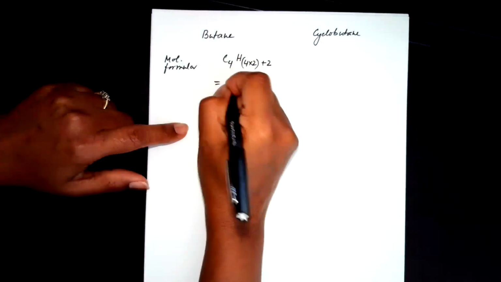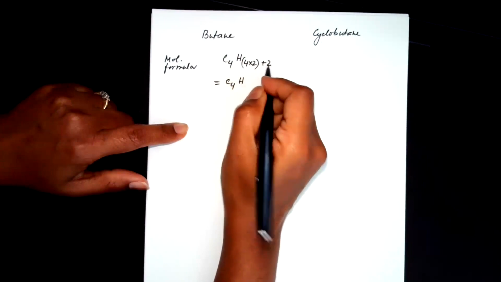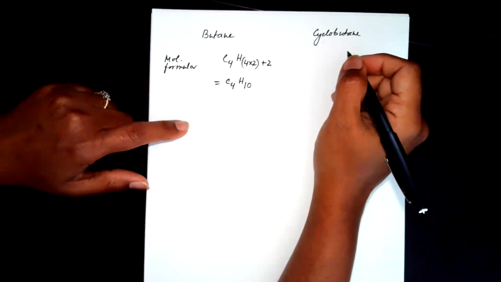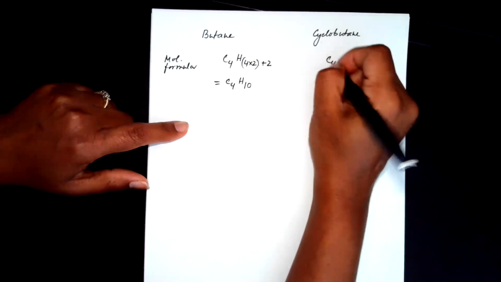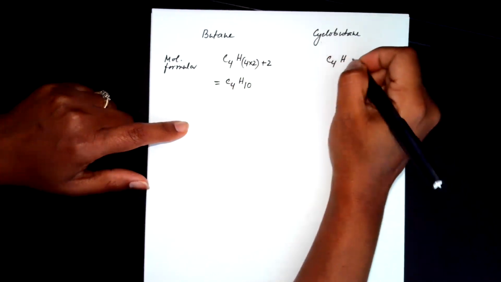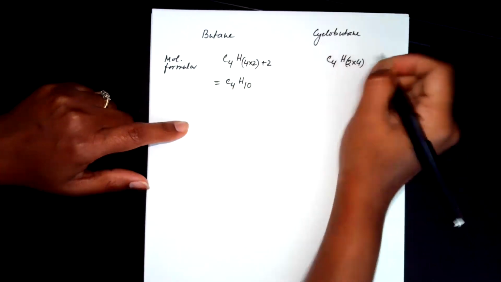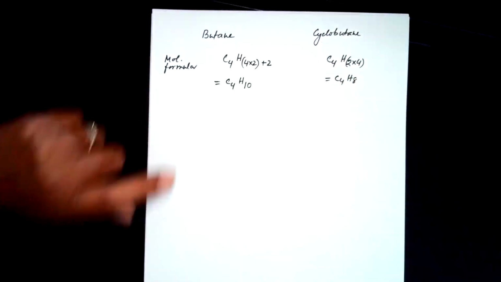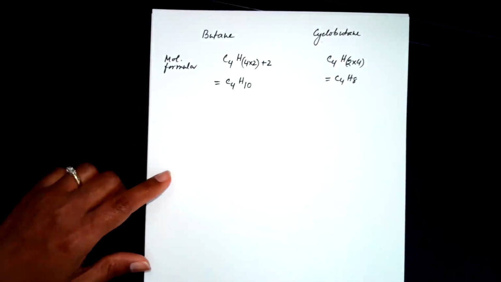So that should be a total of C4H, 4 times 2 is 8, plus 2 more is 10. For the cyclic version, for the ring version of 4 carbons, I should still have 4 carbons, but the number of hydrogens this time should just be 2 times 4. So C4H8 should be the molecular formula for cyclobutane.